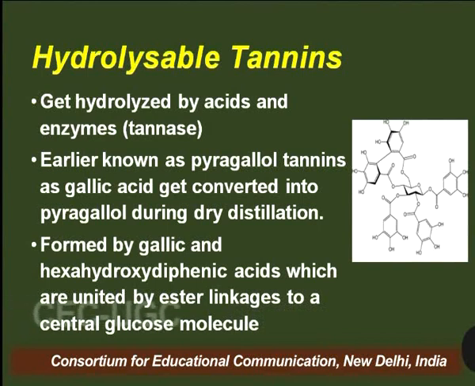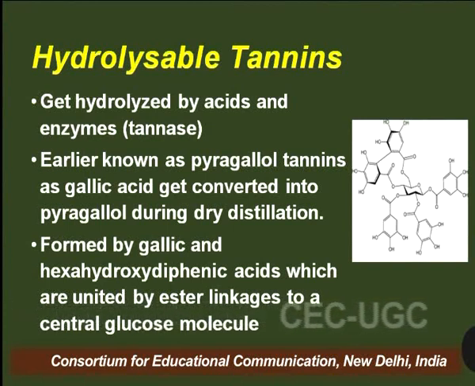Basically these hydrolyzable tannins were also known as pyrogallol tannins, because it was observed that gallic acid, whenever it undergoes dry distillation, gets converted into pyrogallol. Therefore these were known as pyrogallol tannins, but now more likely they are known by the name of hydrolyzable tannins.